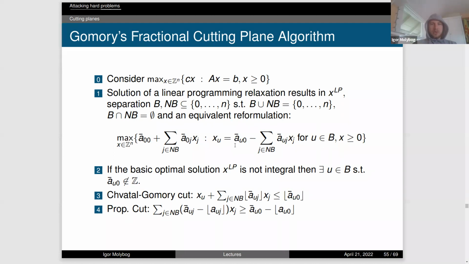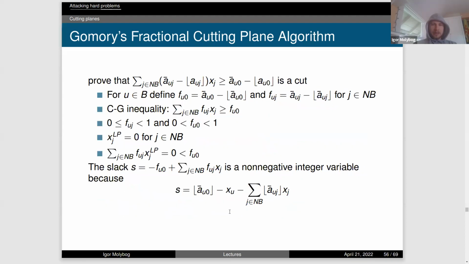And in terms of these new coefficients, you can construct a new CG cut, a new valid inequality that cuts off the current solution to the linear programming relaxation that you have obtained on step one. When you have obtained this new cut, you can add it to the linear programming relaxation and resolve the problem.